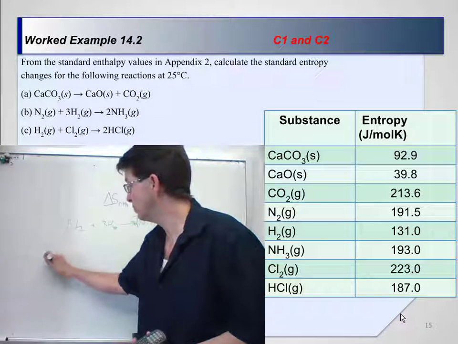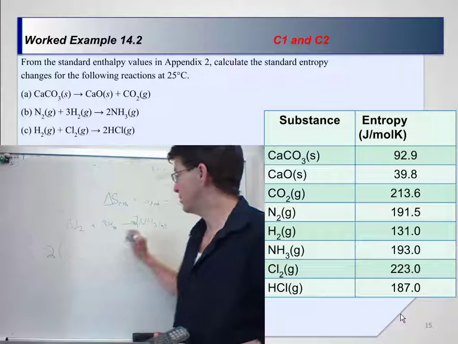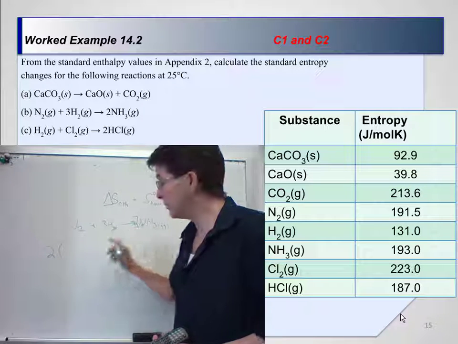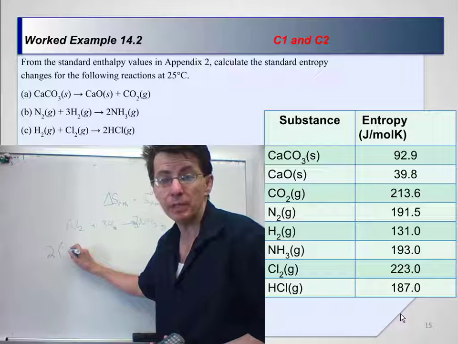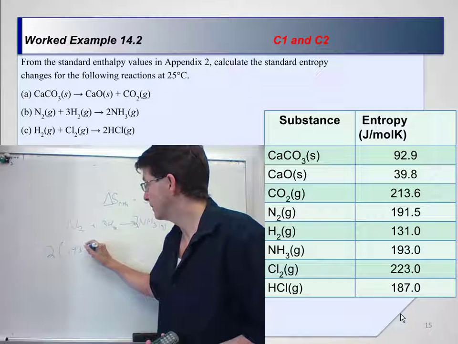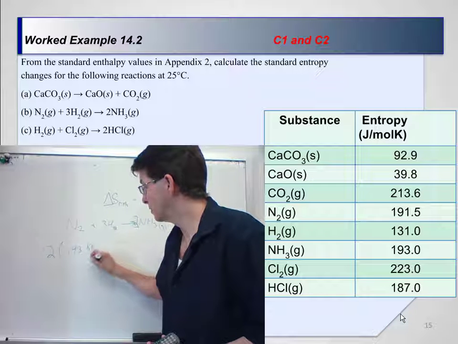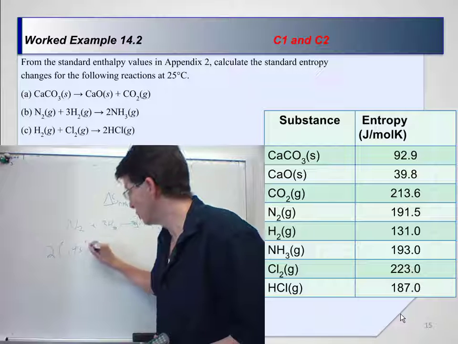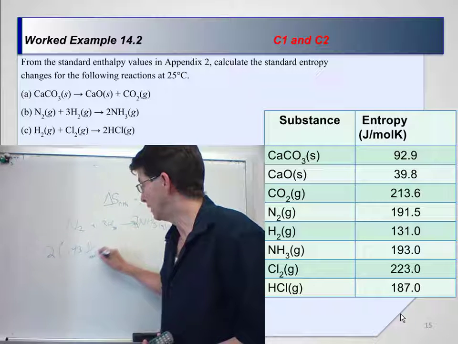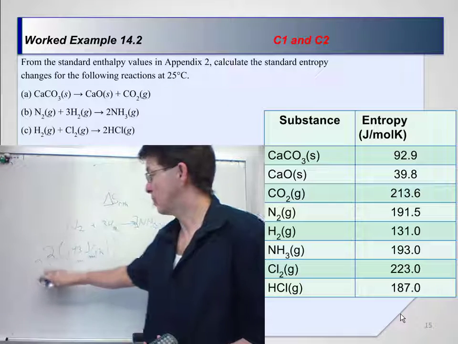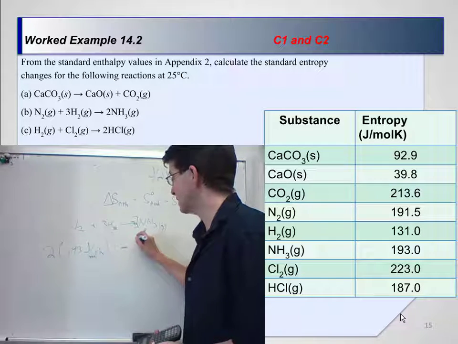So we have 2 times the standard entropy for ammonia, 193 joules per mole Kelvin, times 2 because there's 2 of them, products minus the reactants.